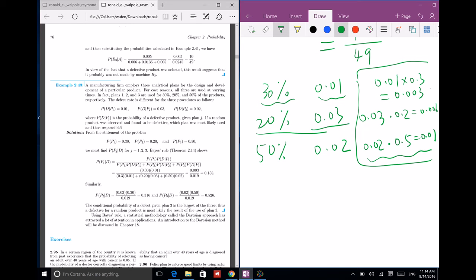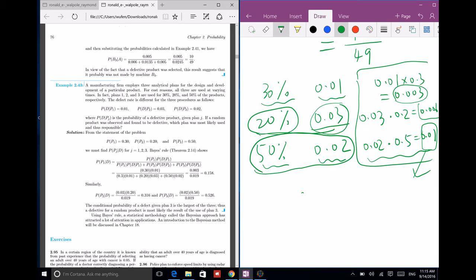Even though the second plan has 3%, a higher percentage of defective products, we don't use that plan very much. For plan 3, there's only a 2% chance that it will be defective, but we use plan 3 so much, 50%. So we compare this and this and this, and we can tell that plan 3 has the biggest number, the biggest probability. So it should be responsible for that.